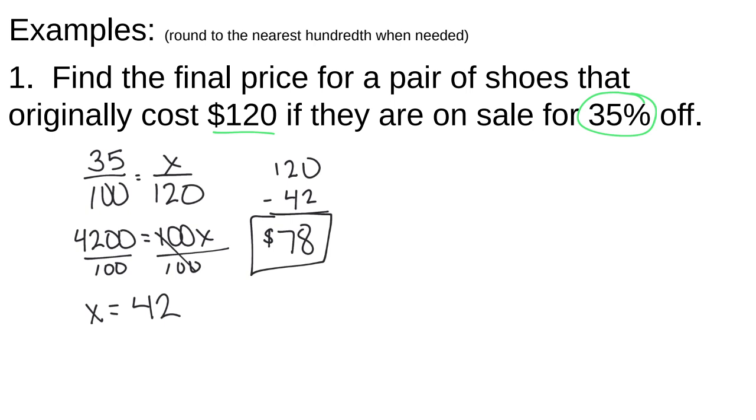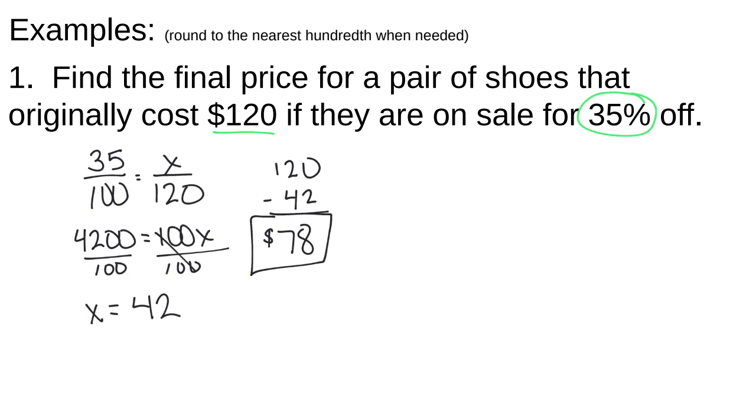Now, I will tell you, that's not the only way to do this. Like in most math classes, we can do a lot of problems a lot of different ways. Another way to tackle this is to make your percent and your part correlate with what you're wanting at the end. We want not what we saved, but what we paid. If we save 35%, what percent did we pay?